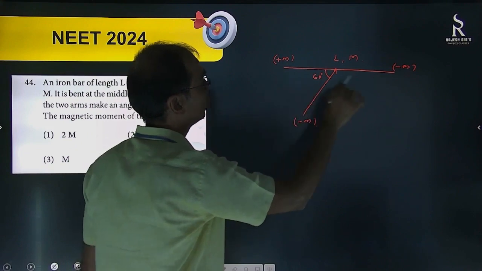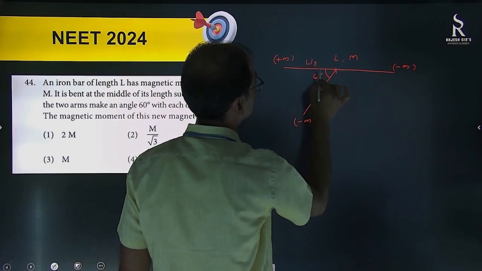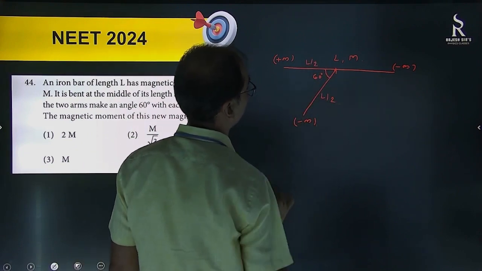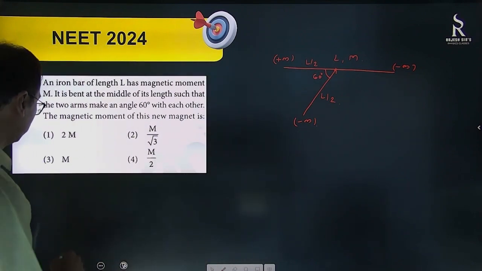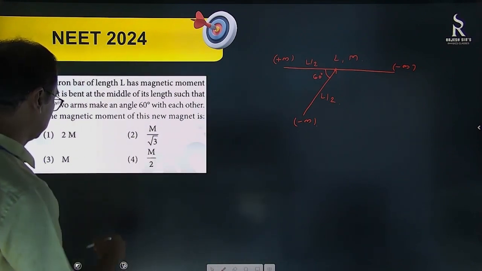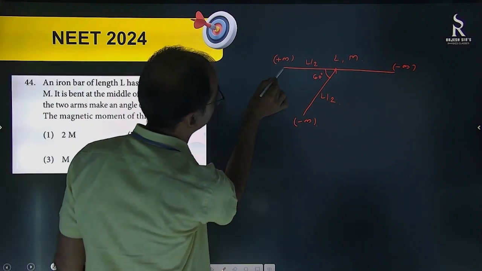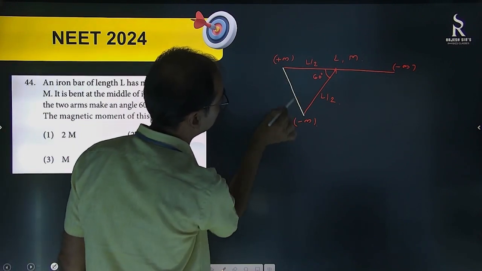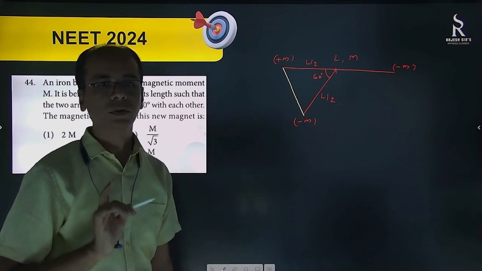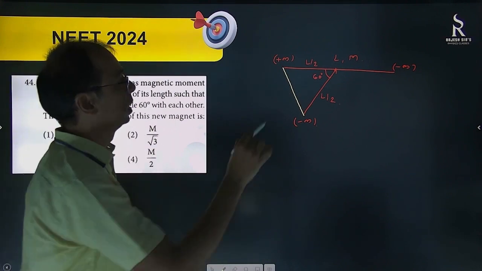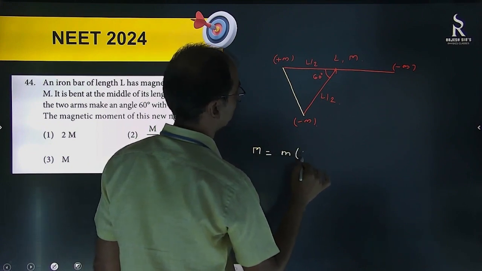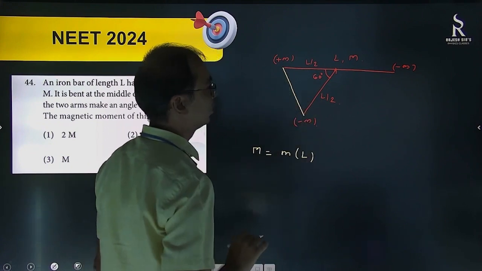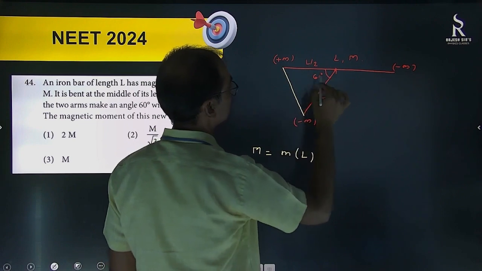Okay, total length was L. Now this is L by 2 and this is L by 2. Now what is the question asking? The new magnetic moment. Magnetic moment is pole strength into length. Initial magnetic moment M was M into L. But now how much it is, that we have to see. This is L by 2, this is L by 2, and the angle is 60.